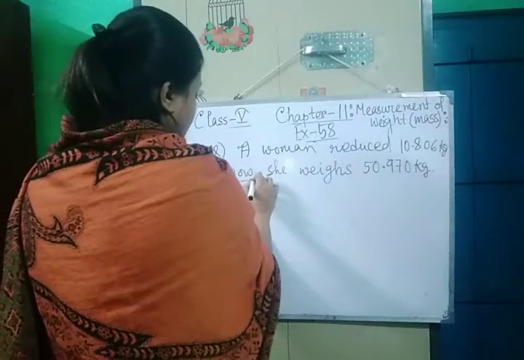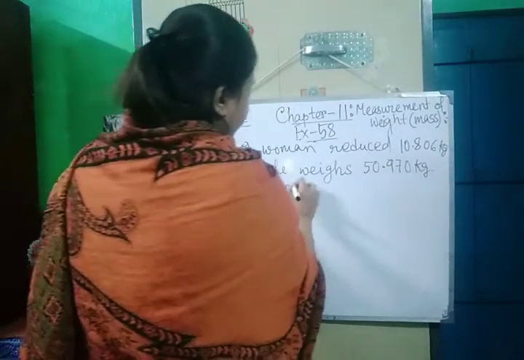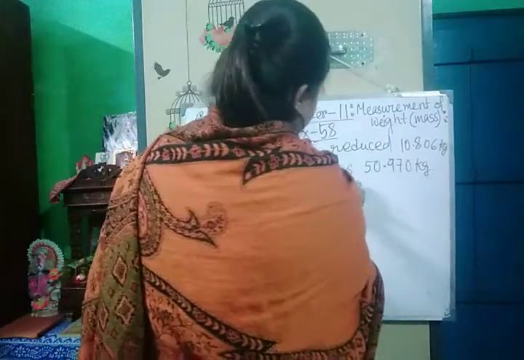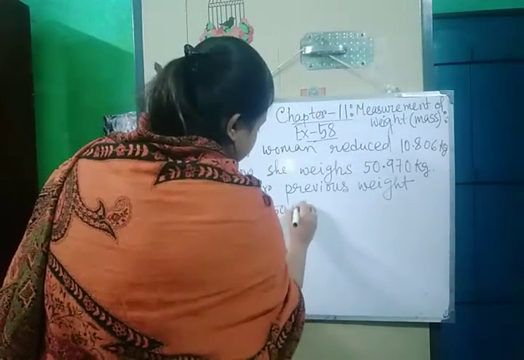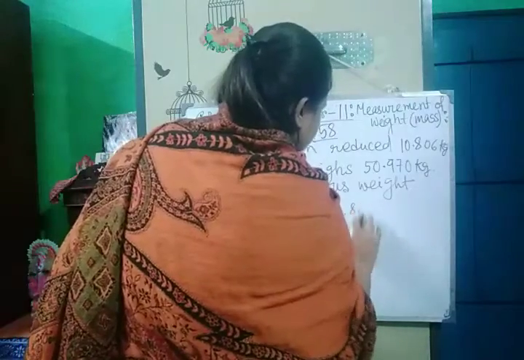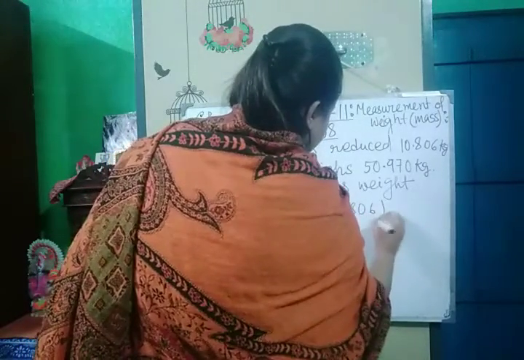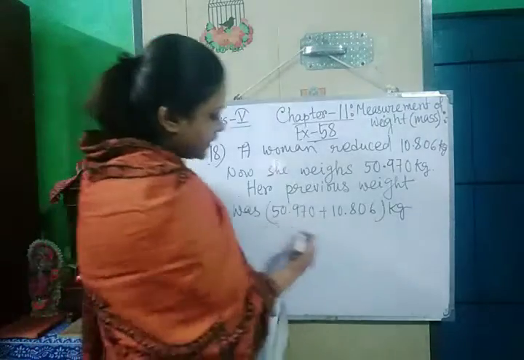Therefore, her previous weight was 50.970 plus 10.806 kg. Okay, so now we will arrange them in column and add.